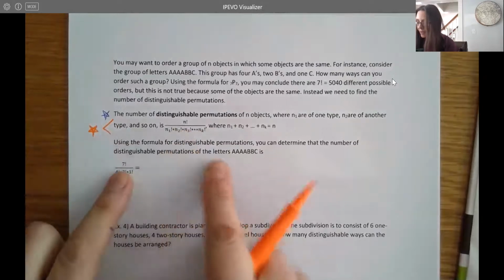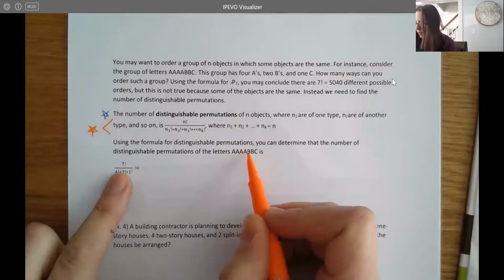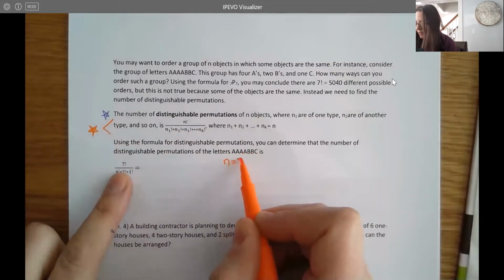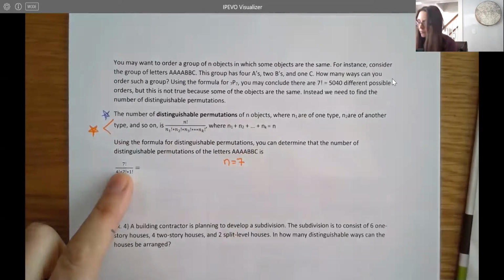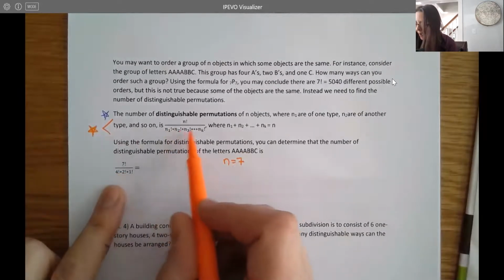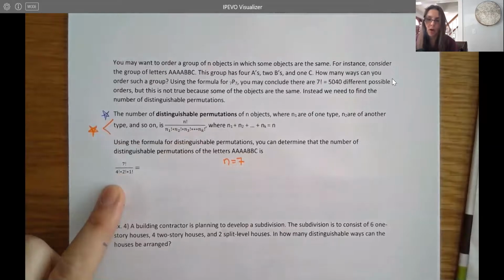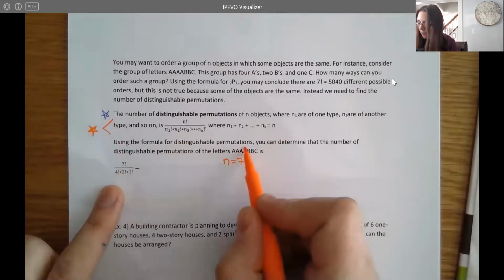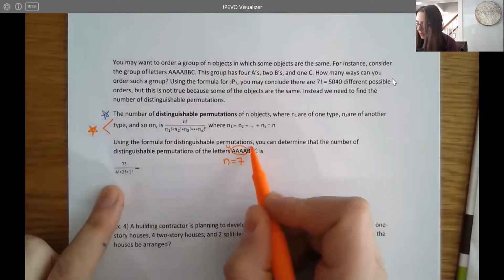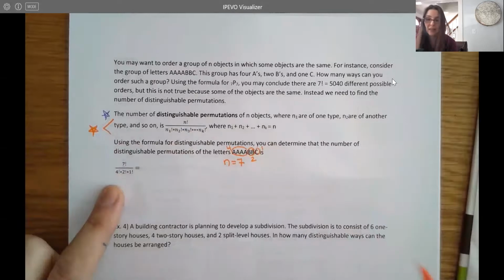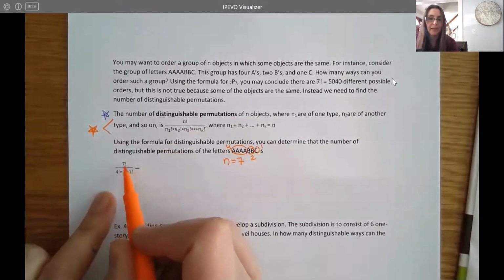So our n here, in this case, we have 7. So there's 1, 2, 3, 4, 5, 6, 7. So there's still 7 different options. But what we do is we divide out by how many of each type there are. So notice that there are 4 A's, there are 2 B's, and there's 1 C. So in the formula, it's going to be a little bit different.